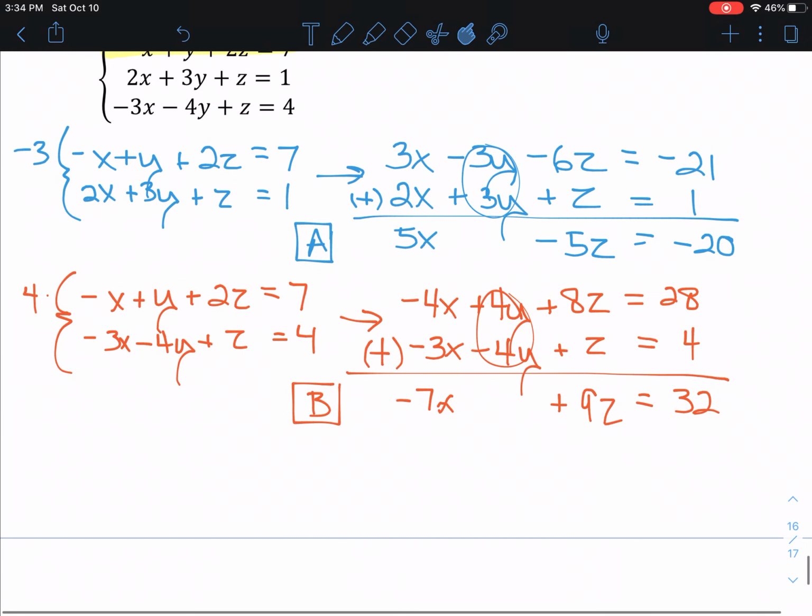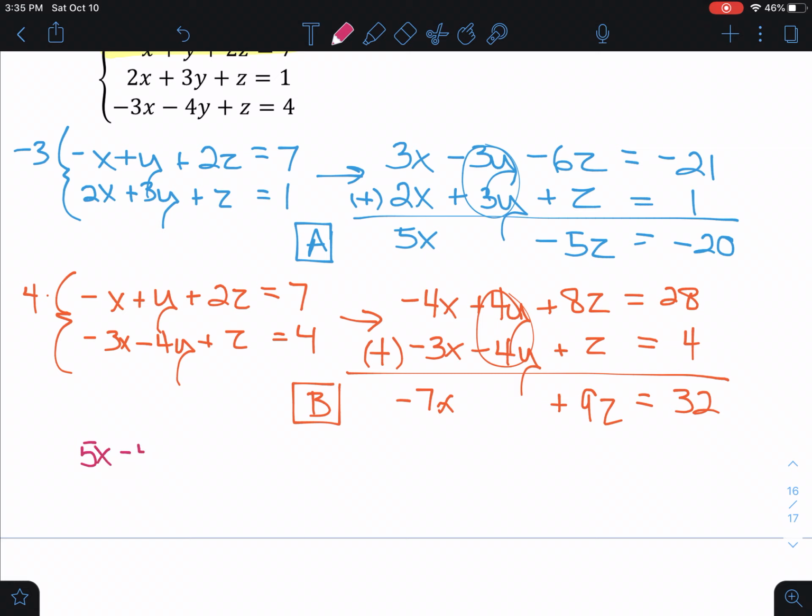So let's do that. So I've got 5x minus 5z equals negative 20. And I have negative 7x plus 9z equals 32. And I think I'm going to get rid of x.